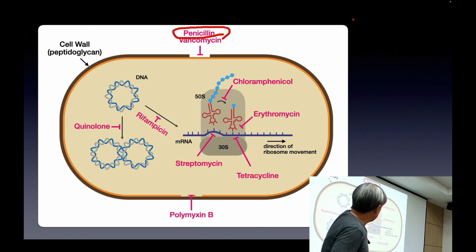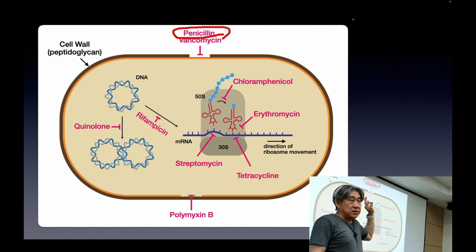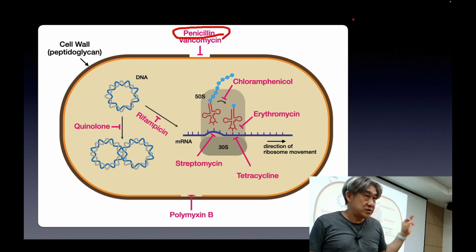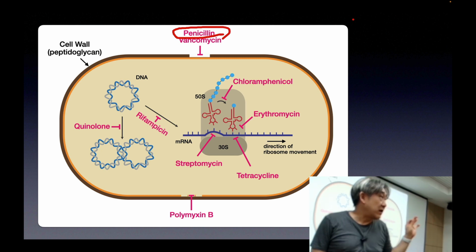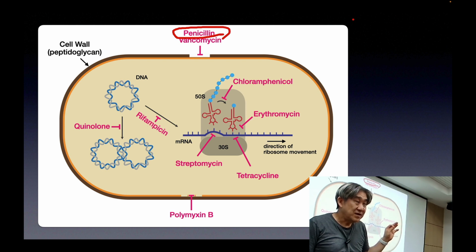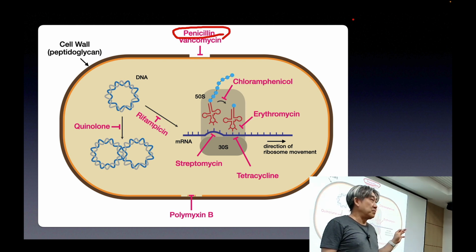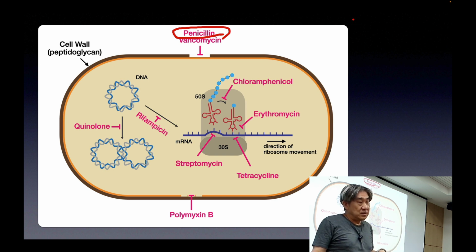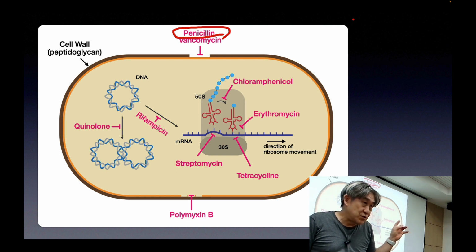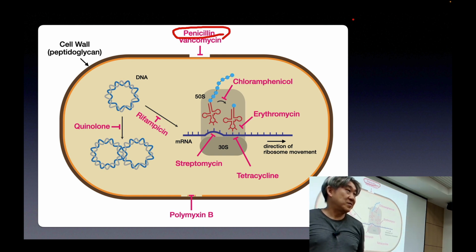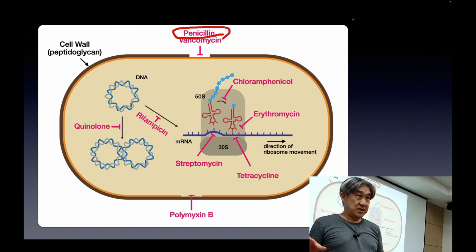So here, the reason why I brought up penicillin is that, historically speaking, it is the first antibiotic ever developed. Actually, it was accidentally discovered. It was not made by people, but discovered, because penicillin happens to be made by a specific type of fungus.